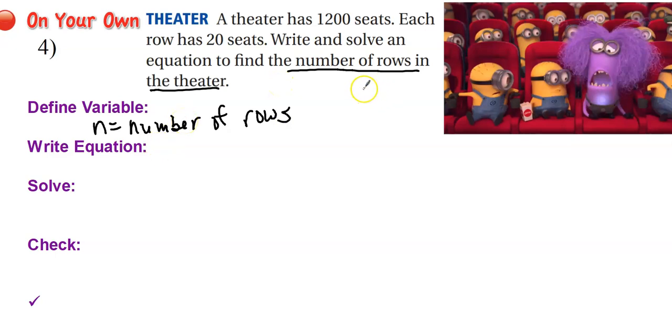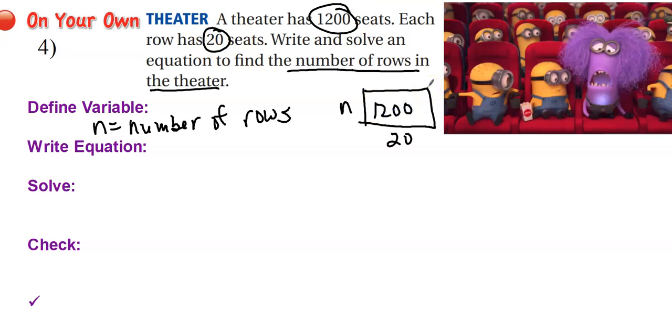If each row has 20 seats, so here's all the rows in the theater, that means there's 20 seats and there is n number of rows. And when I multiply the 20 times n, I know it equals the total of 1,200. So I can put my 1,200 inside kind of like the area. My equation is going to be 20n equals 1,200.